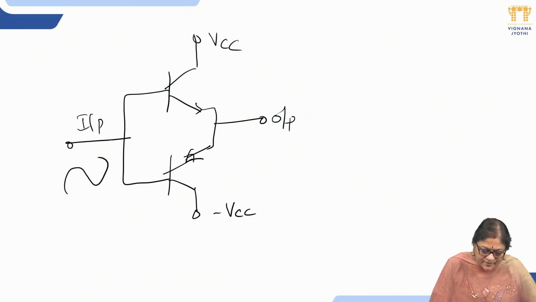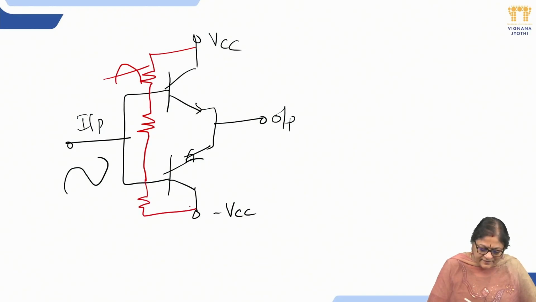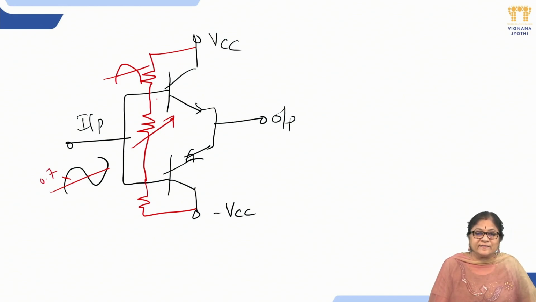Okay, whenever a positive half cycle is applied, if I connect some resistors from VCC to ground or minus VCC, then whenever the input signal is crossing less than 0.7, some equipment should provide that 0.7 as a supplement to it.